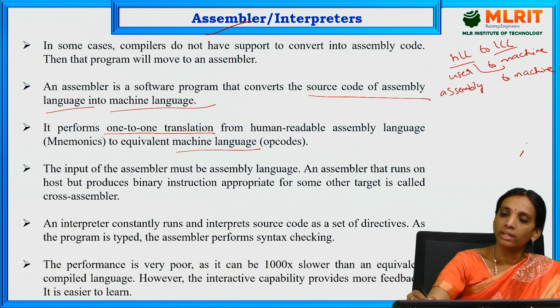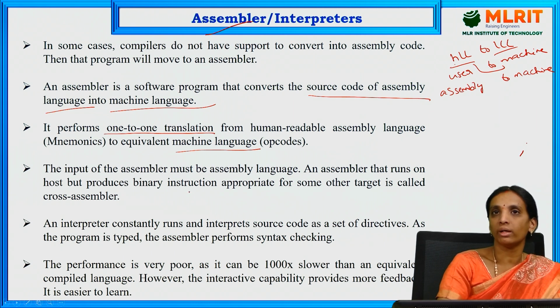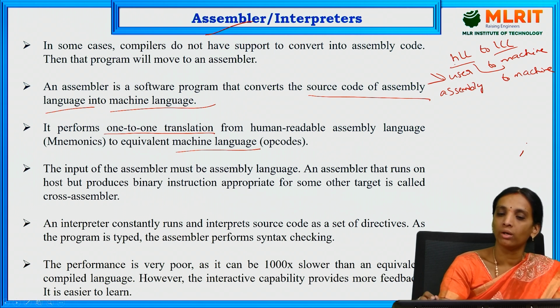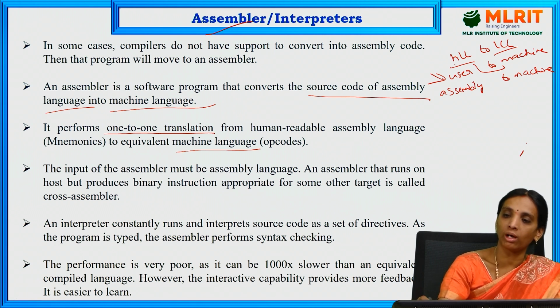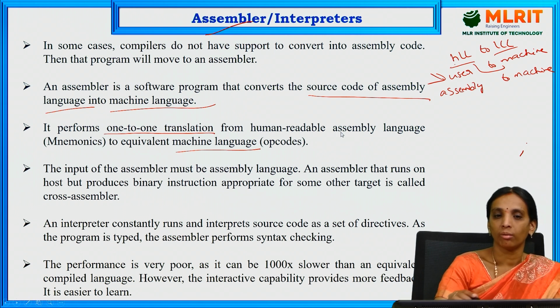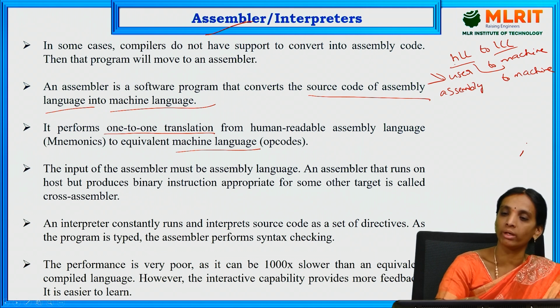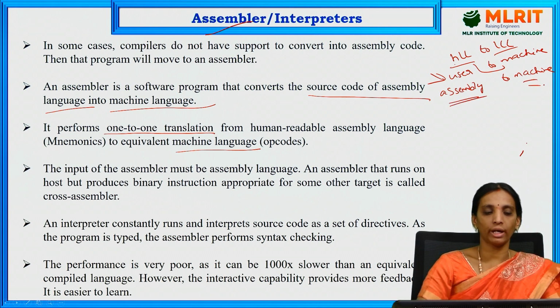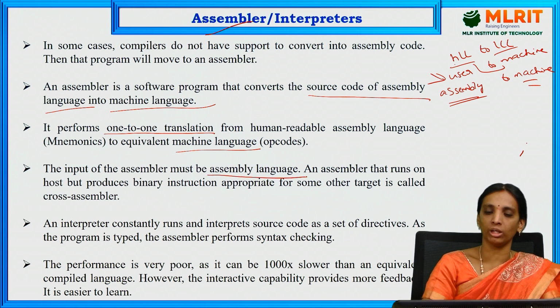So it is also converting a human readable language to machine language. But the compiler converts a human readable programming language to the machine language, while the assembler converts human readable assembly language to the machine language. So the input of the assembler must be assembly language.